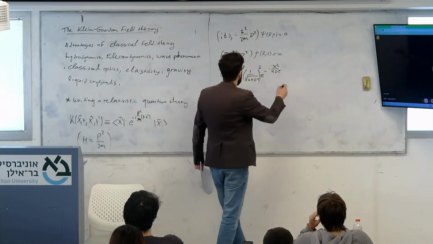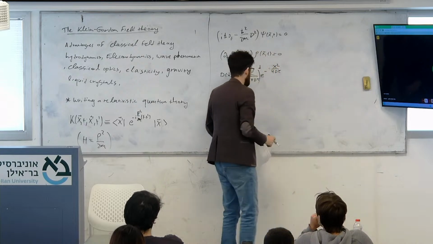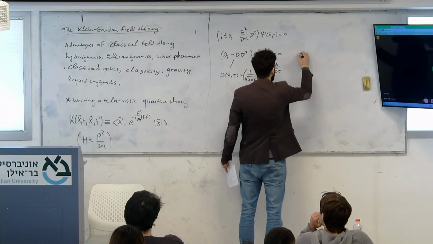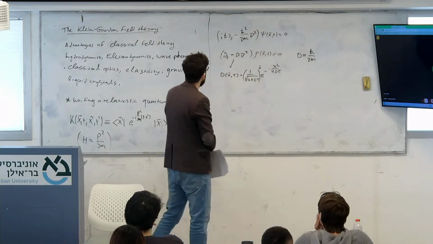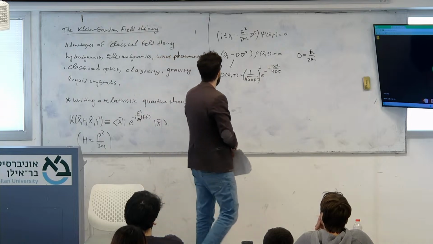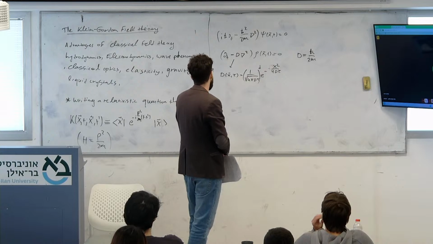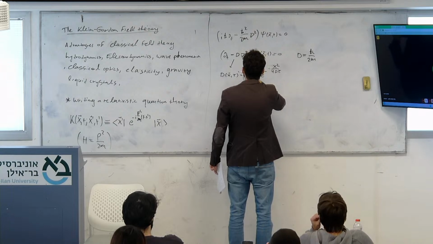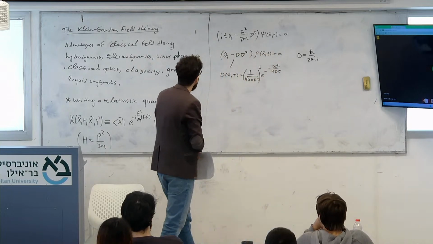So now all you really need to do to compute this is to identify that, okay, there are two ways to do that. We can identify that D is equal to h bar over 2m. That's the first thing, right? And the second, divided by i.